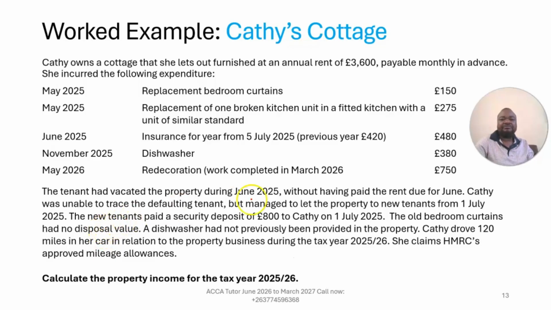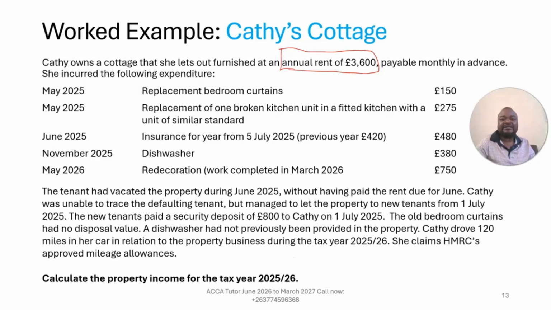So if she didn't receive her money for 1 month, what it simply means is that, because this 3,600 is an annual amount. All right, but there was one time she didn't receive the money. There was 1 month she didn't receive the rental.